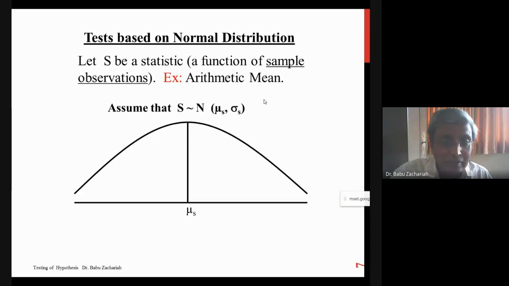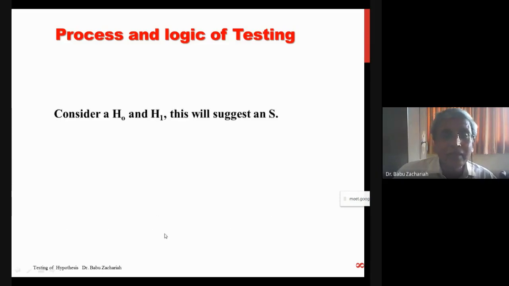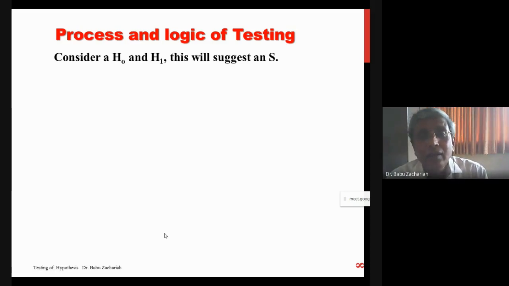So we use this technique. In this case, we can also calculate the standard normal by subtracting the mean and dividing by the standard deviation.